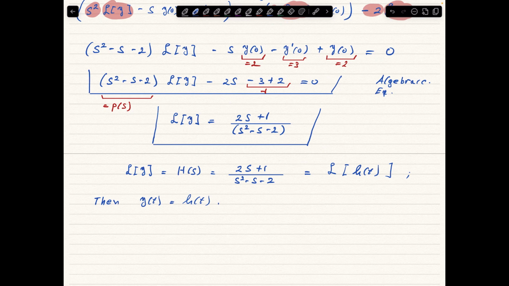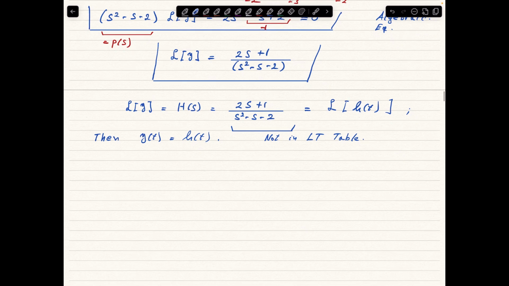Well, the problem is that what we usually do is we use the Laplace transform table we have constructed: given a function H of s, we look at the table and we get small h of t. But this is too complicated. This right hand side is not in the Laplace transform table that we have.